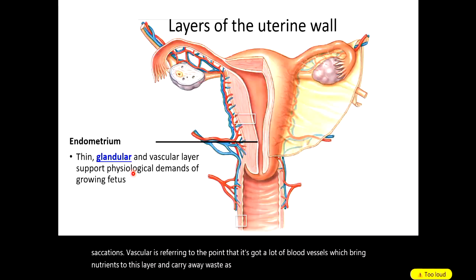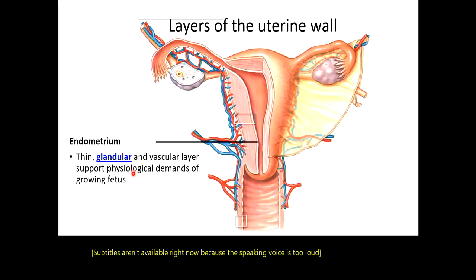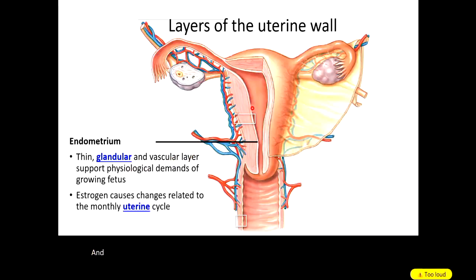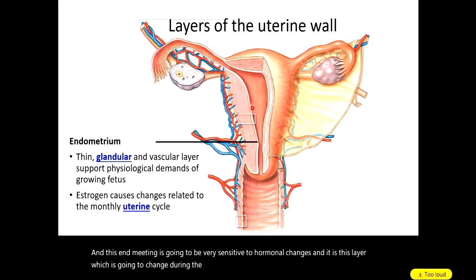This is necessary to maintain the demands of the fetus as it is developing. The endometrium is very sensitive to hormonal changes, and it is this layer which changes during the menstrual cycle, as we will be considering later on. So this layer is the one which is impacted during the menstrual cycle.